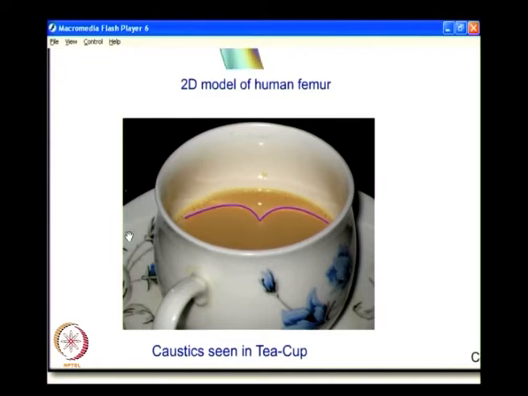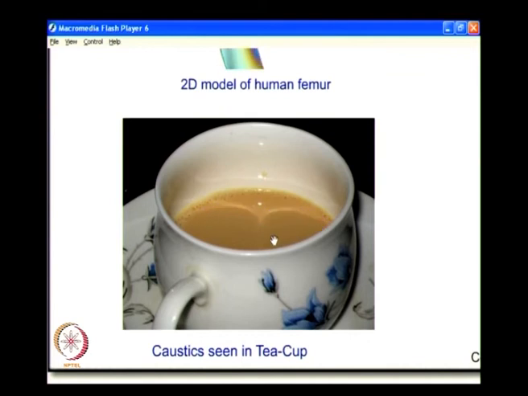So, what is done is, any physical information which could be exploited for measurement is identified, and that is translated into an experimental technique. What you see here is a cusp in a teacup, seen as a silver line. When light gets reflected on the curved surface, it gets reinforced and you have a cusp.